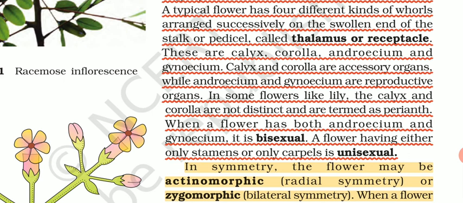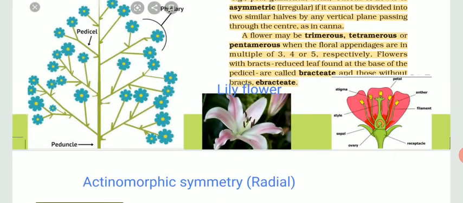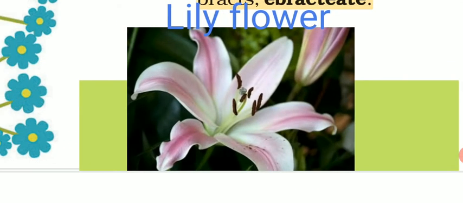So calyx and corolla are accessory organs, meaning they only help, but the actual function is performed by androecium and gynoecium. Some flowers have sepals and petals that are very difficult to differentiate. Like in this lily flower, there are no distinct sepals, only a single whorl of outer covering.